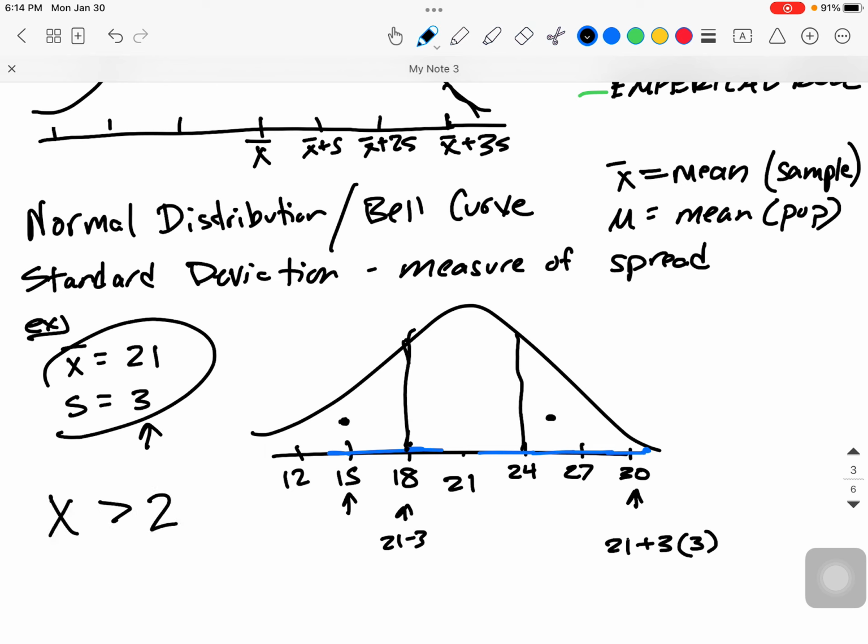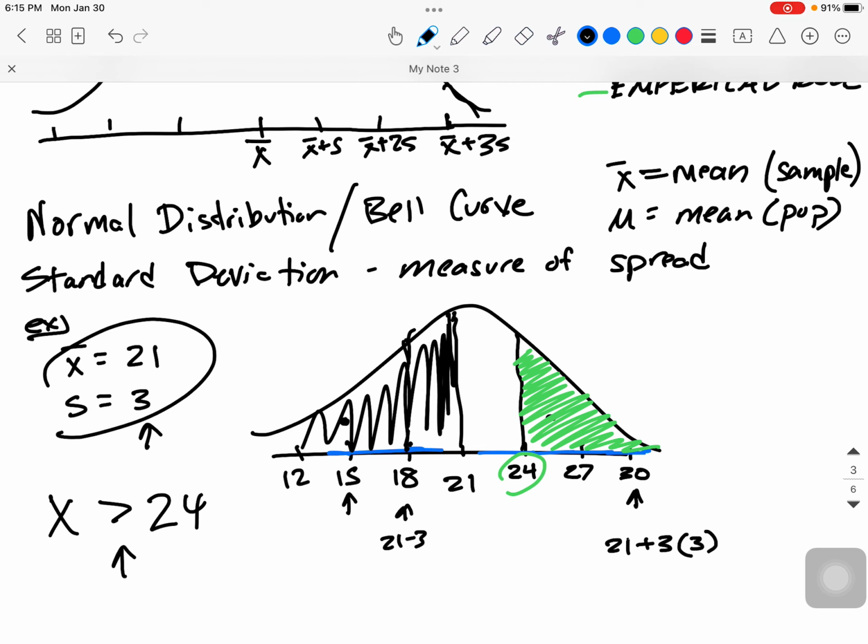Data is greater than 24. So this is where a little math comes in, and if I shade it, because I like these colors, here's 24, and it's saying, what's the chances that your data is up here? Well, here's what I know with absolute certainty. This shaded piece in black is 50% because it's half.